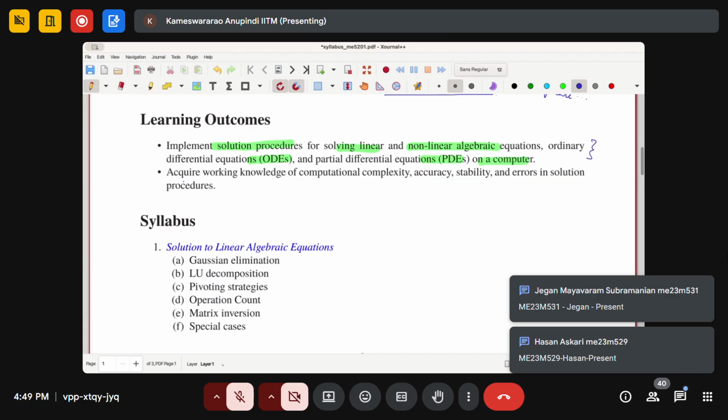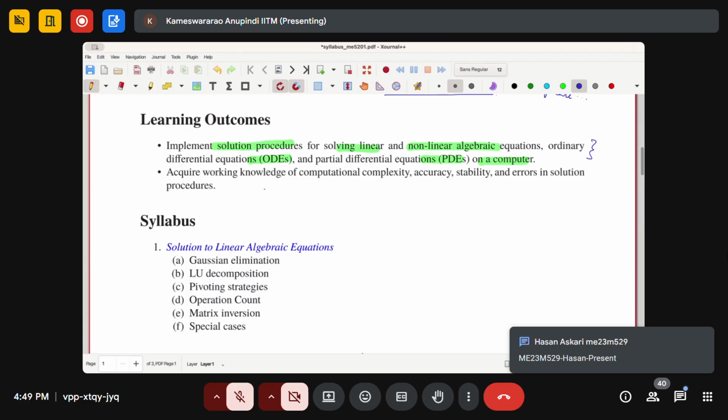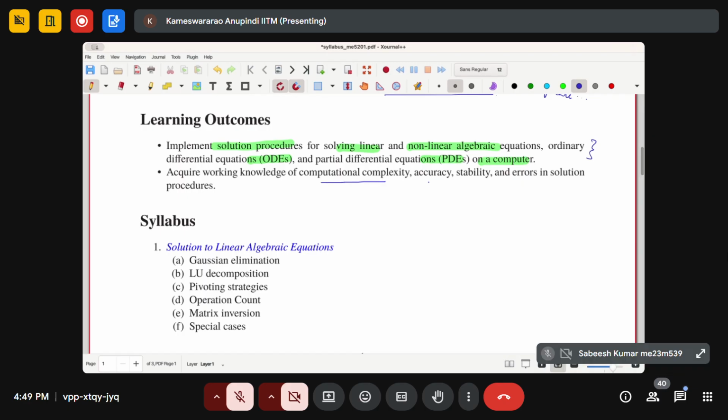Then at the end of the course, the other learning outcome is you're going to acquire working knowledge of computational complexity, accuracy, stability, and errors in the solution procedure. So given an algorithm, you'll be able to say what is the computational complexity, how much memory it is going to take, how many operations it's going to do, is this particular algorithm better than another algorithm that is given to you, and so on.